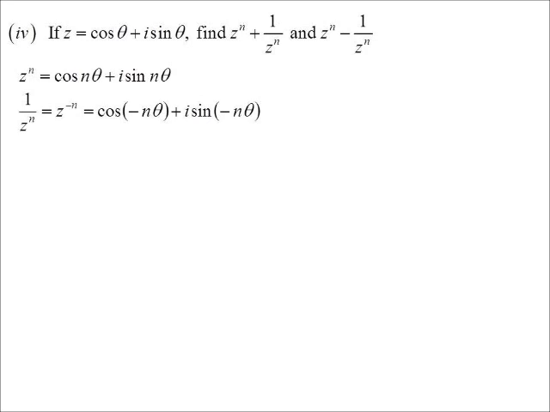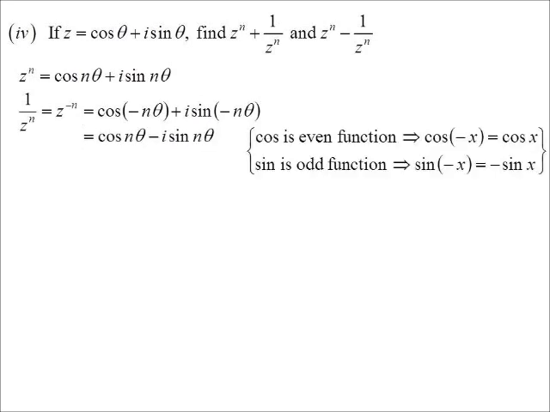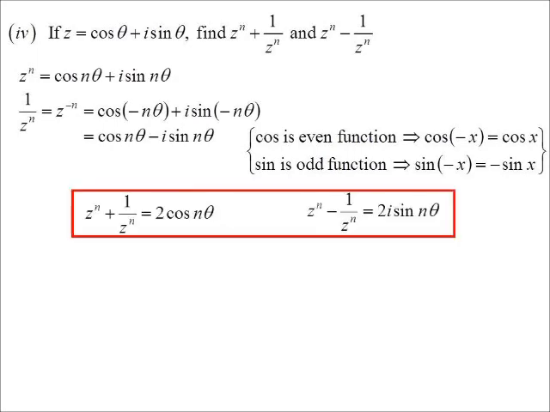Now I'm going to play with odd and even functions. Cosine is an even function, so cos of negative n theta will be the same as cos n theta. Sine is an odd function, so sine of negative n theta will be the negative of sine n theta. We want to find, first of all, when we add them together. Well, when we add them together, then the imaginary parts cancel and I get 2 cos n theta.